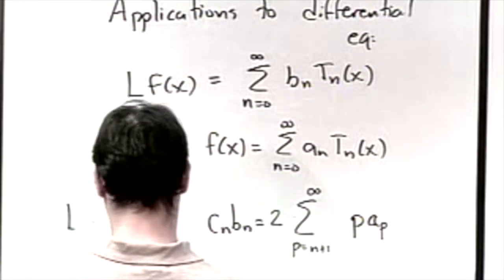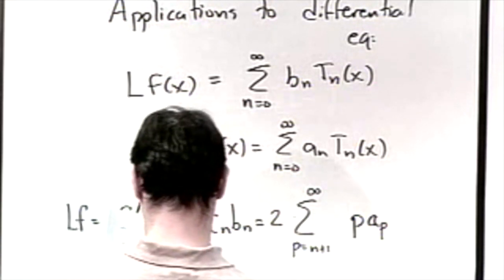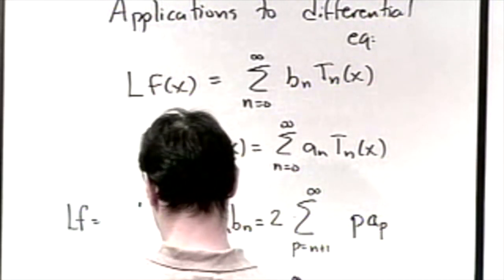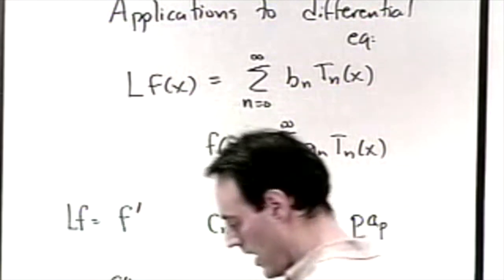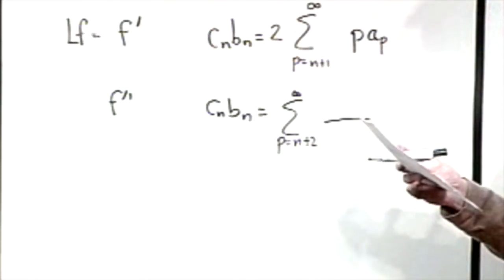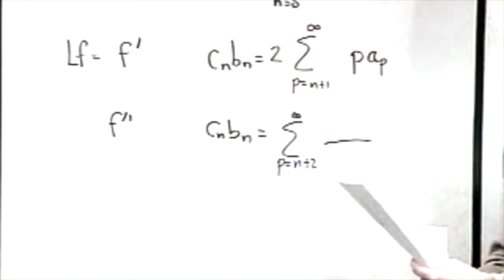I'll tell you what c of n is in a moment. So the second derivative, I think I forgot to write down what it was there. You can kind of see that in the notes. Some stuff here.